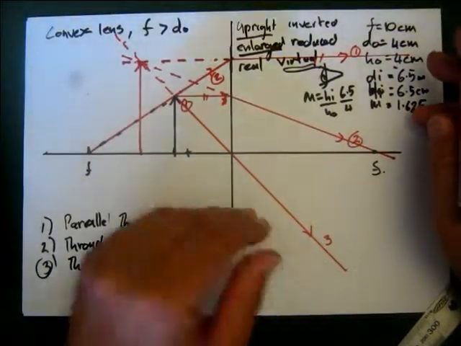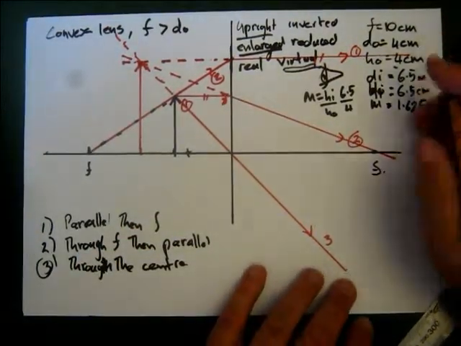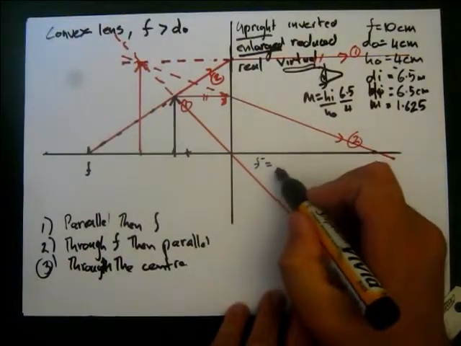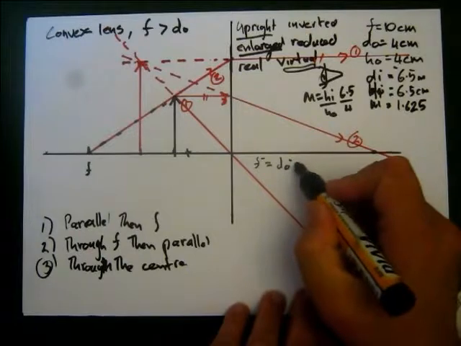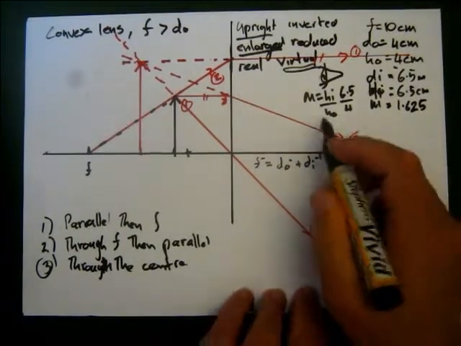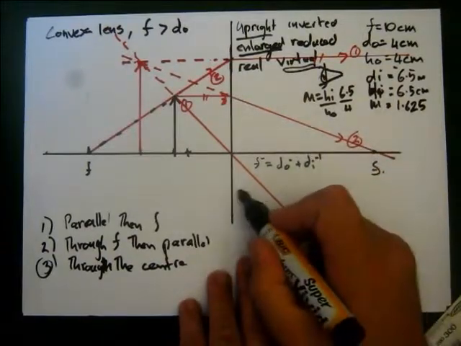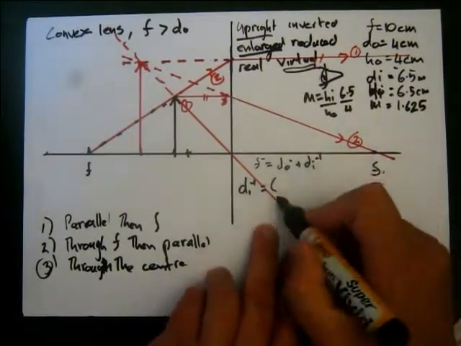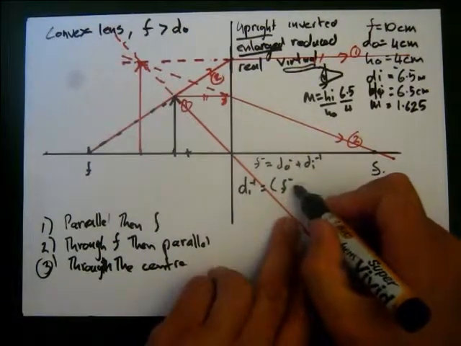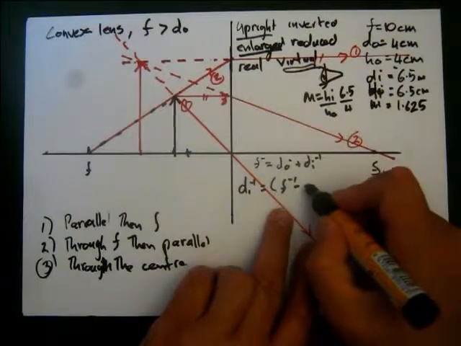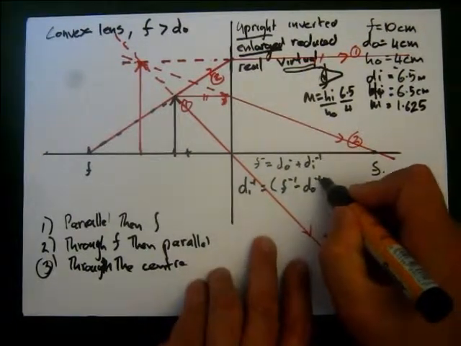We can also check this out with maths. We can do 1/f equals 1/do plus 1/di, and rearranging that like we did the last few times, 1/di equals 1/f minus 1/do.